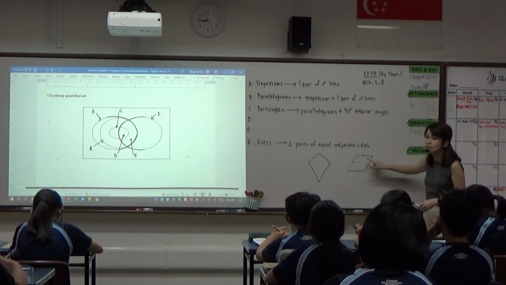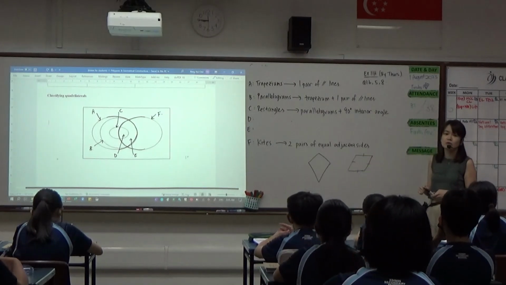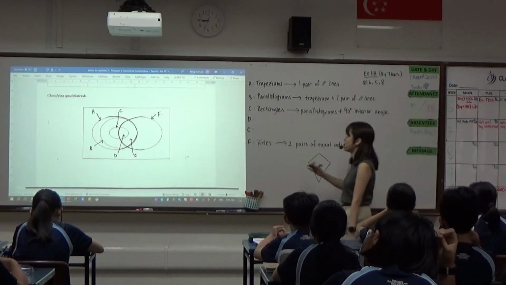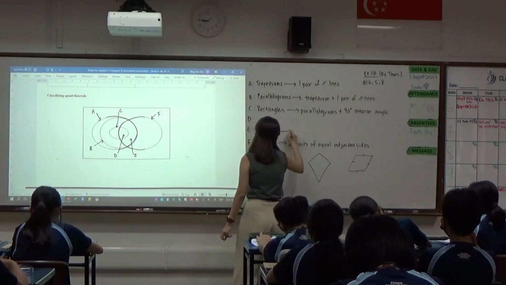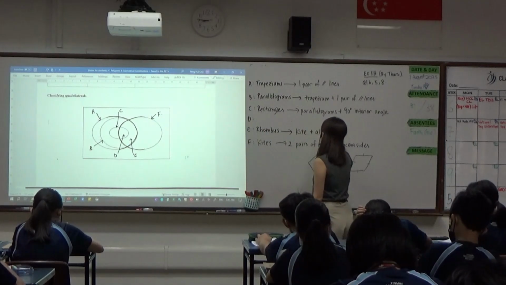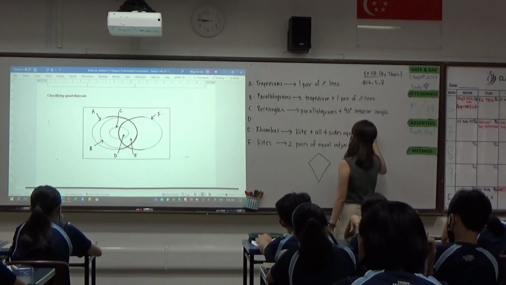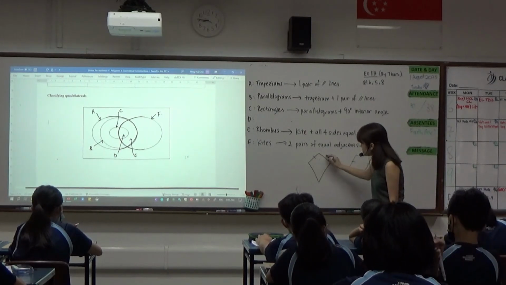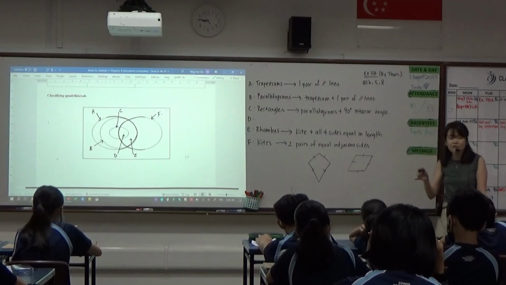Not only is it side-by-side equal, all four happen to be equal also. That's why a rhombus is a very special kite, because in our generic kite only two sides next to each other are equal, but in a rhombus all four are equal.